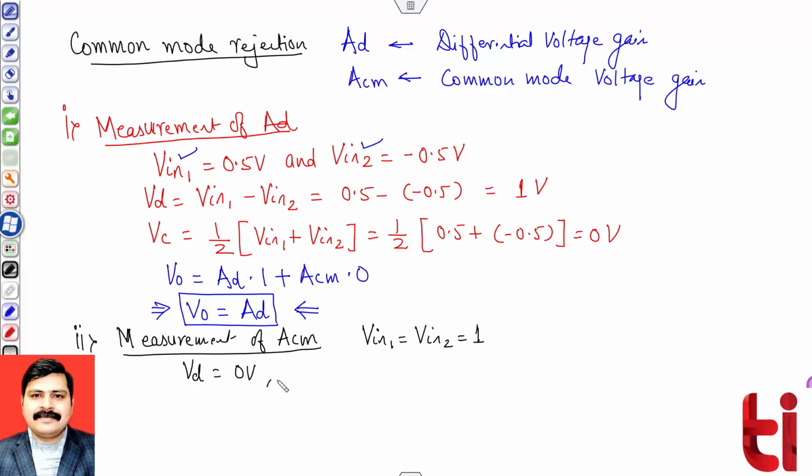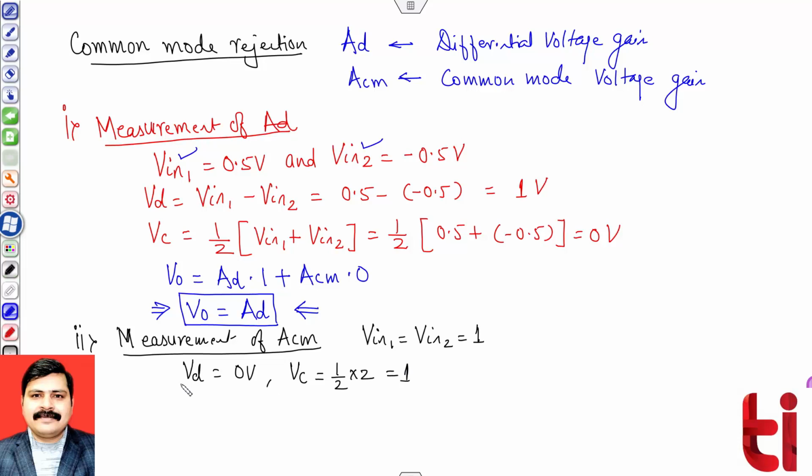Now I am not writing in detail. By using the above formula you can easily calculate, and the common mode signal VC will be equal to 1 by 2 multiplied by 2, so will be equal to 1.